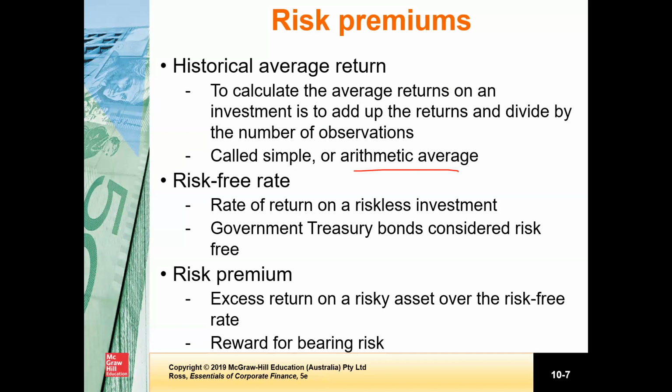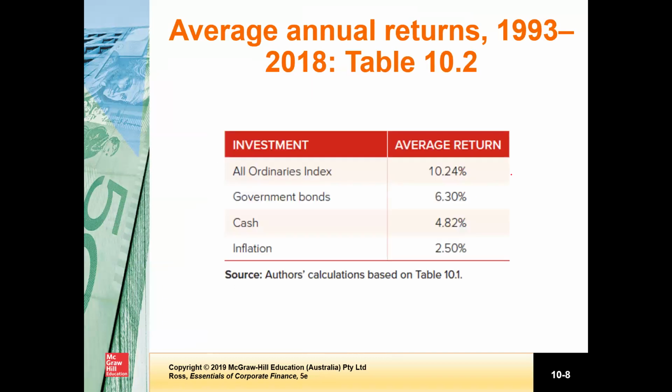So if you look at this example, the average annual return from 1993 to 2018 for the All Ordinaries Index, which is a benchmark index of the Australian Stock Exchange, and for government bonds, cash, and inflation.